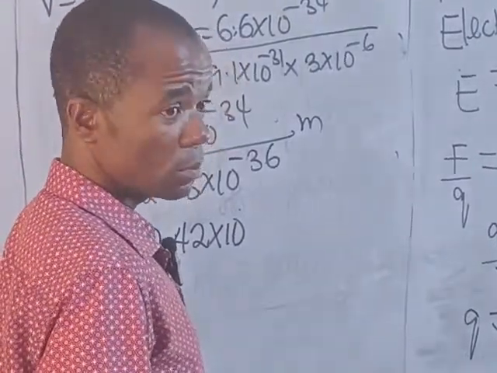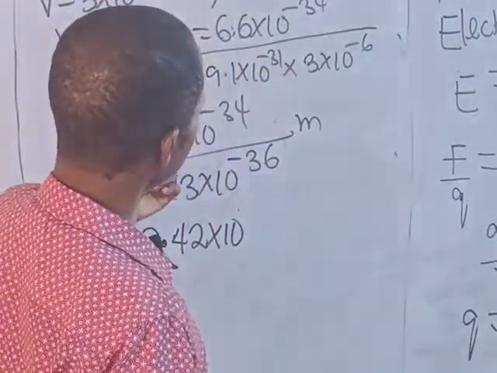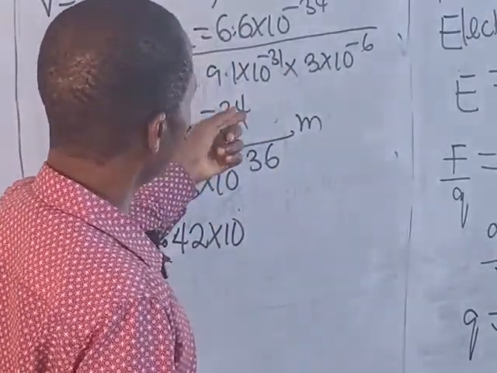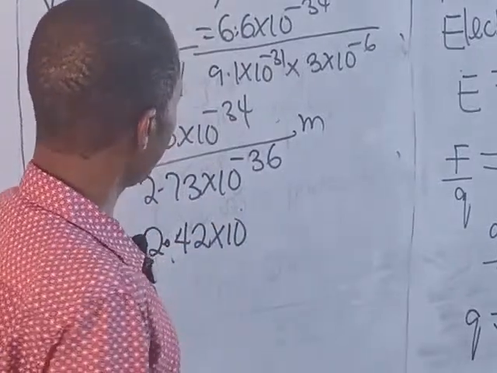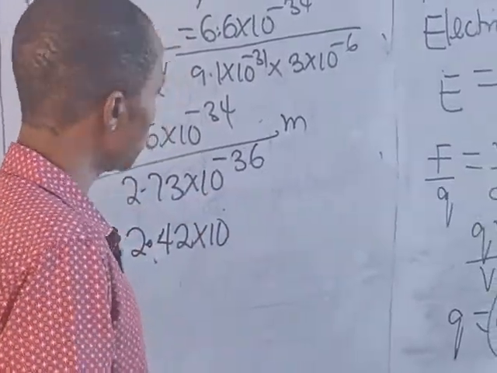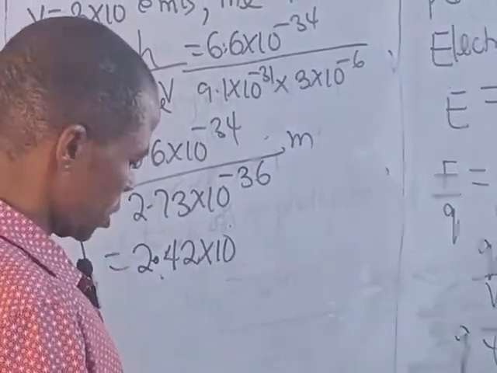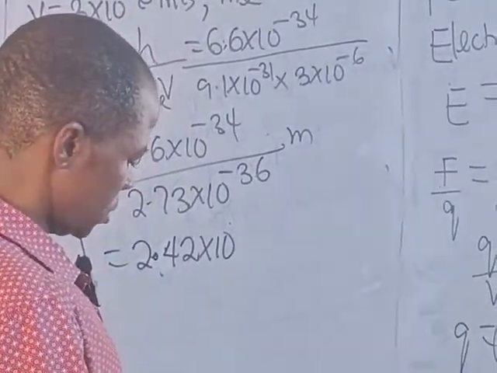Just divide 6.6 times 10 to the power minus 34, then divide it by 2.73 times 10 to the power minus 36.